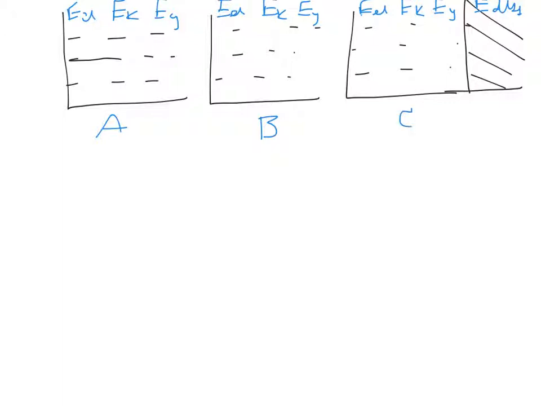So we have EEL, EK, EG, EEL, EK, EG, EEL, EK, EG, and my dissipated energy. This is for A, for B, and for C.